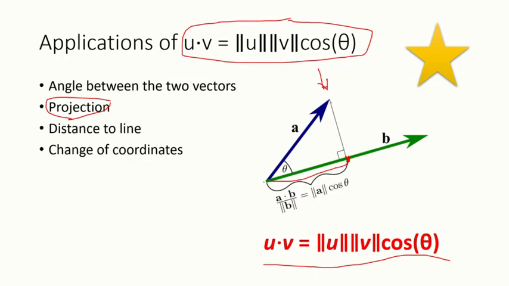Two values for A: how long this part is, and how long this part is. That's the new coordinate for A's position. But how can you compute this new coordinate? That's the projection of A onto B. So we need a quick way to compute it.